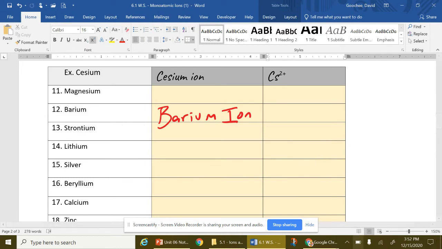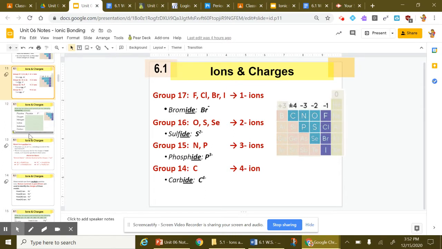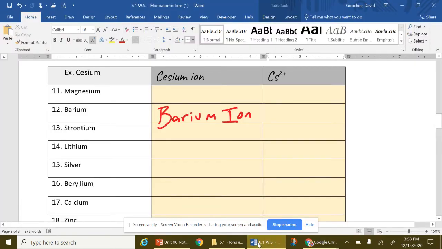Well, you have to consult a periodic table or your notes. Barium will not get a Roman numeral because it has the same charge every single time. Here's barium. It has a +2 charge. So barium is always a +2 ion. So I'll write here Ba for barium and then 2 plus.